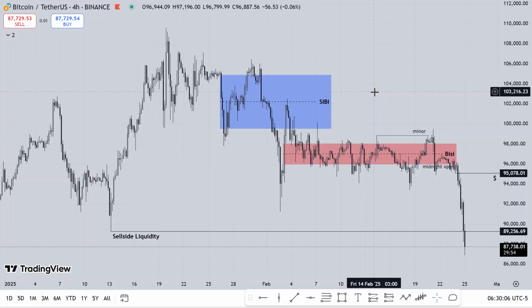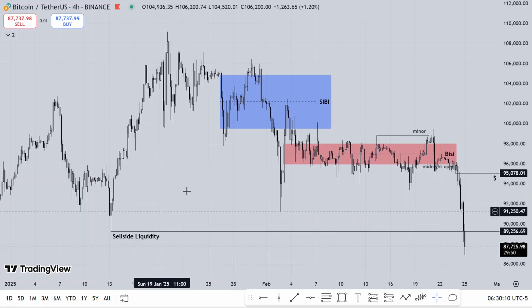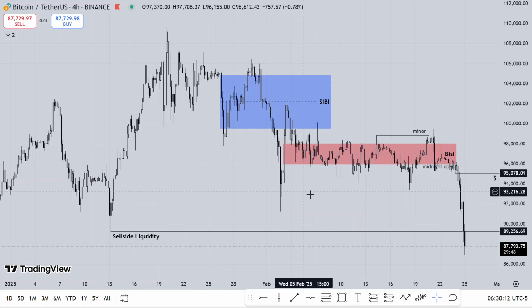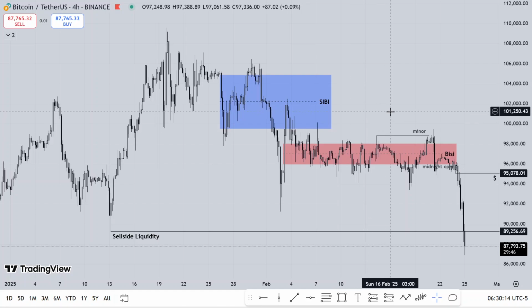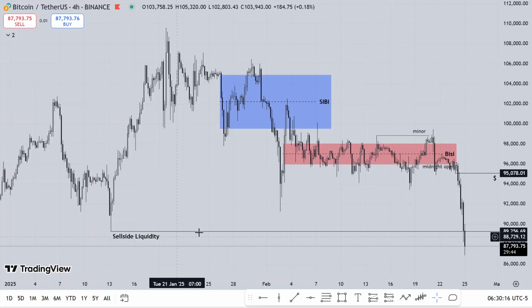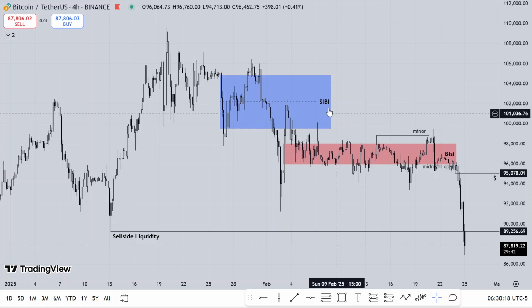Now for Bitcoin, when we indicated these relative equal lows last week as our draw on liquidity, to confirm this bias, I personally went to Twitter and did a random scroll around crypto Twitter to see where their sentiment is in price, where they are expecting price to draw to next.